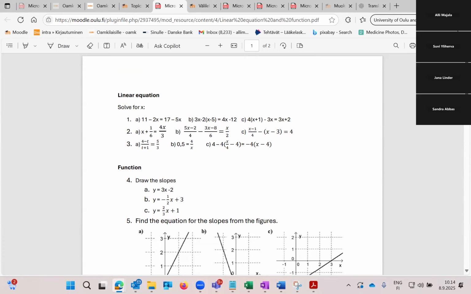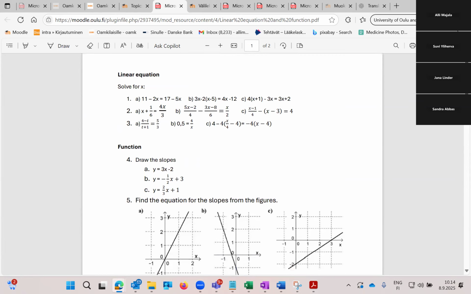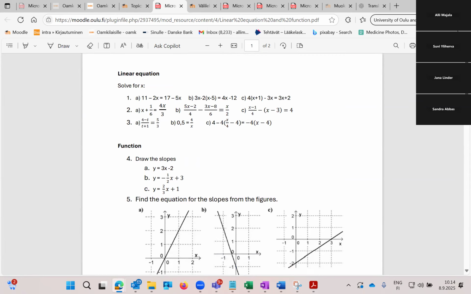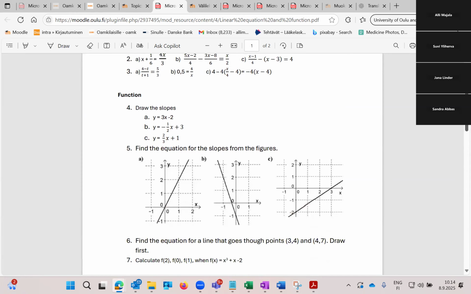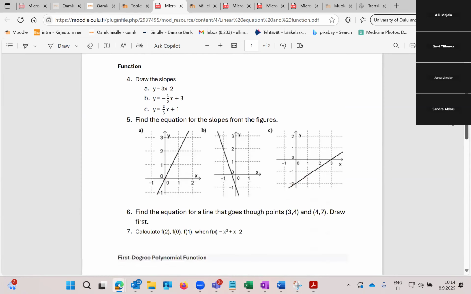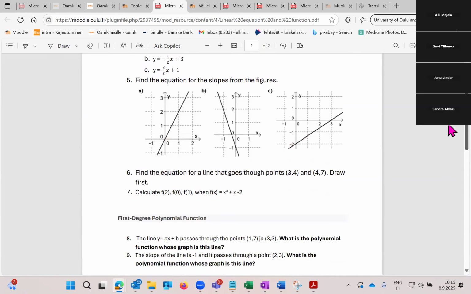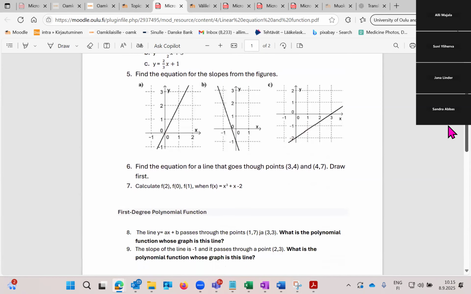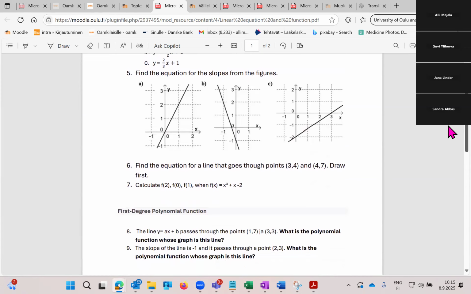And we will continue this lesson still with this linear equation and these exercises here. For the ones from the quiz, of course, you can ask if there's a problem. We can also look at those, but mainly with these. And I think we already progressed on these to exercise 5, where we were finding the equations for the slopes from these figures.